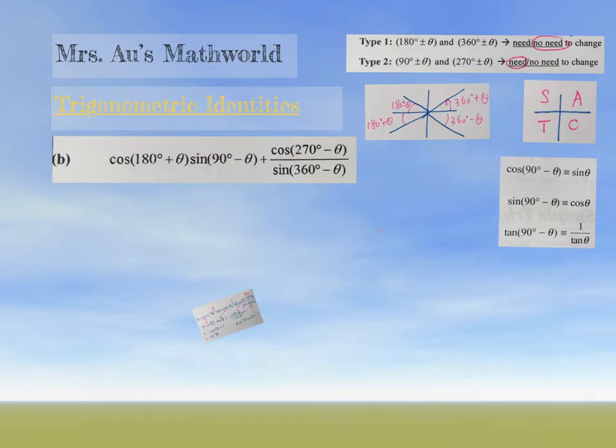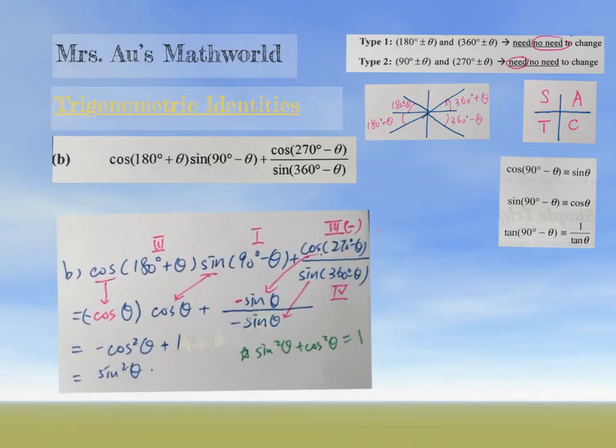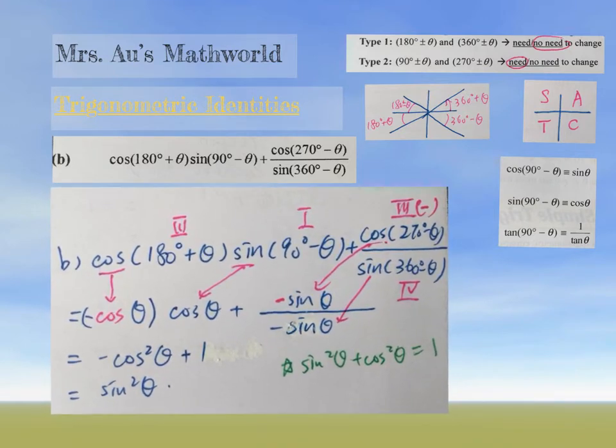Right now, let's move on to part B. For part B, you can see that actually some of them are of type 1. For these two examples, these two trigonometric ratios are of type 2. Okay, so when you're doing the question, please make sure you really understand whether we need to change the ratio or not.